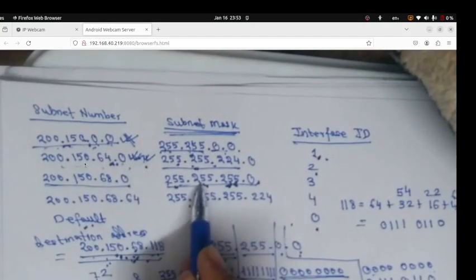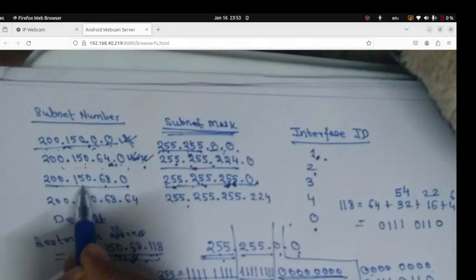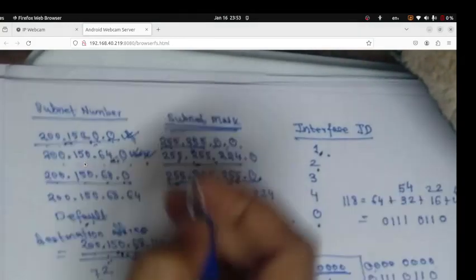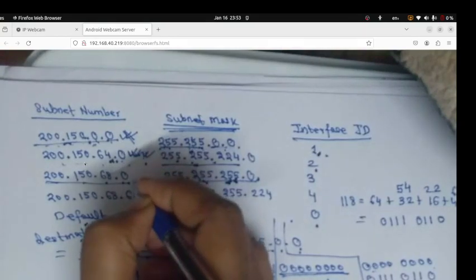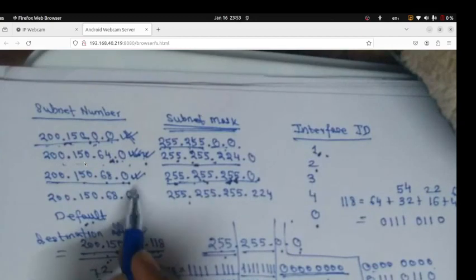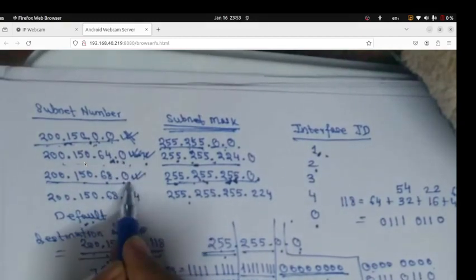Now we compare this with the entry in the routing table. We have taken this mask and the corresponding network number is 200.150.68.0, which matches the result. Now this destination address also matches this network number. So which one to take? Here it matches with 19 bits, here it matches with 24 bits.